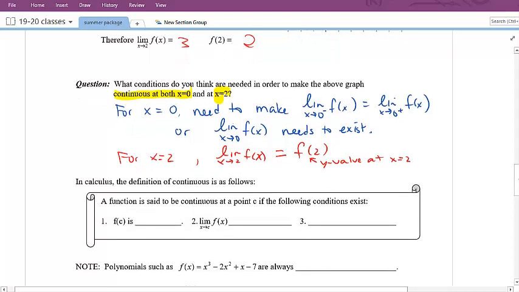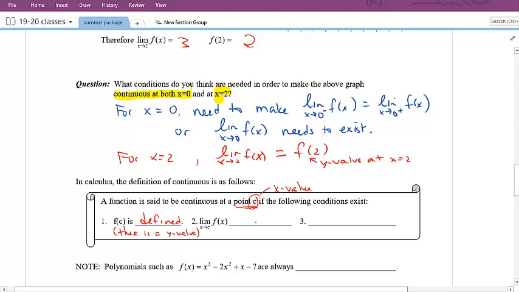So, bottom line, in calculus, to define something as continuous at a certain point, a function is said to be continuous at a certain point c. Now once again, c is an x value, if the following conditions hold. F of c is defined, meaning there is a y value.